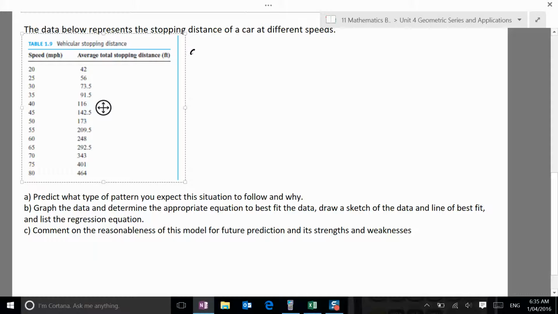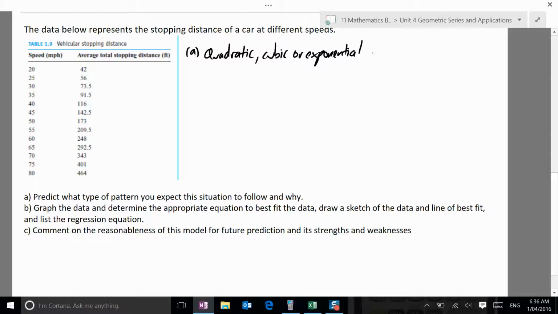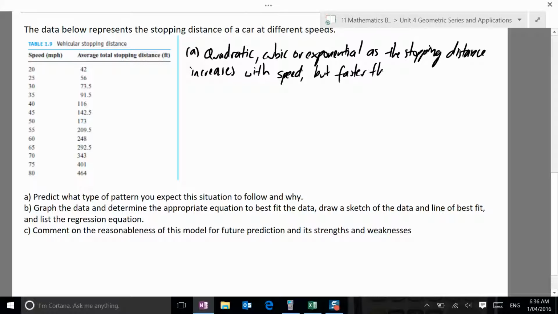So for part A, I'll choose quadratic, cubic, or exponential. As the stopping distance increases with speed, but faster than a linear model.